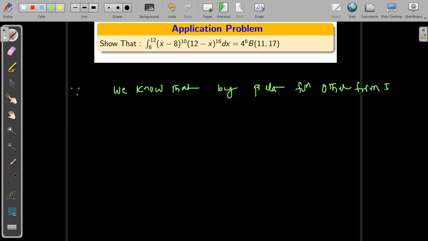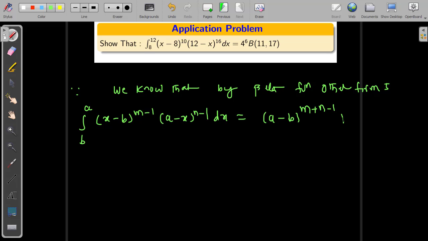So we need to recall: beta of m comma n is integral from b to a of x minus b power m minus 1 times a minus x power n minus 1 dx, which is equal to a minus b power m plus n minus 1 times beta of m comma n. If you remember this one, we can prove the above result. Let us suppose this is equation number 1.